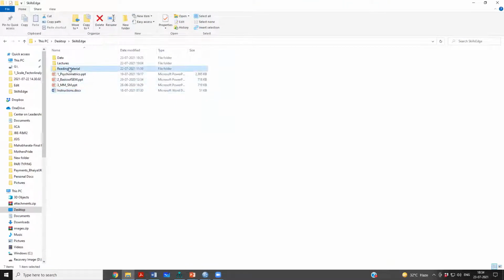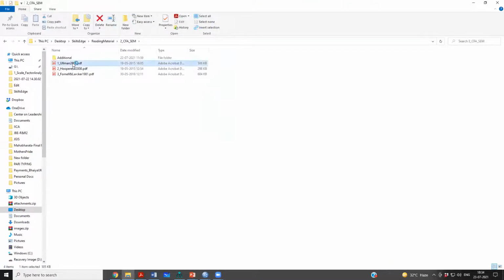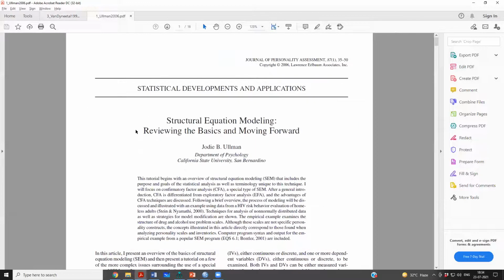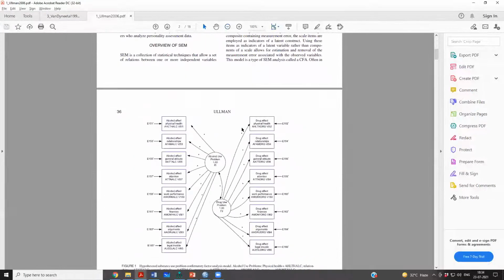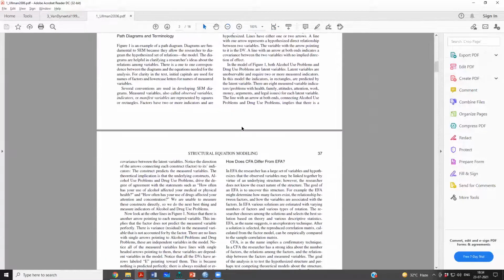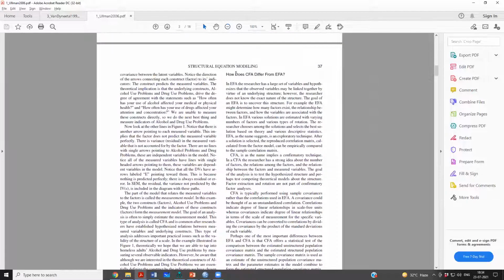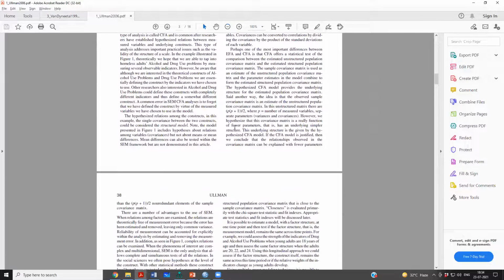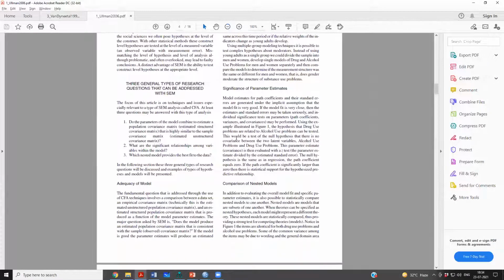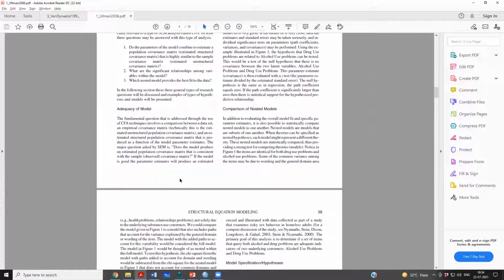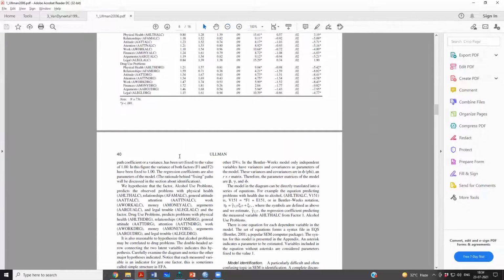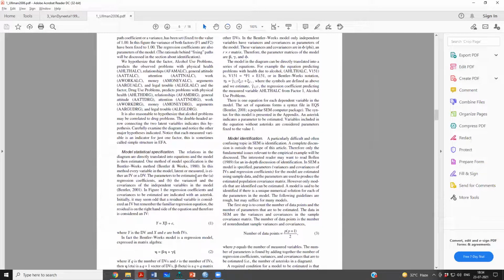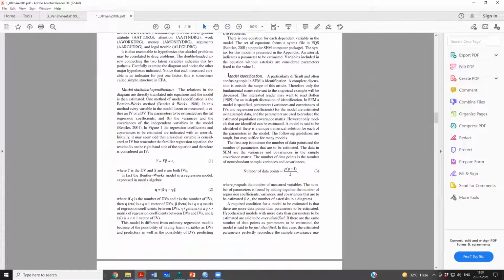Then I have also given you this first paper, structural equation modeling, reviewing the basics and moving forward. Most of the stuff that I have covered is in it: what is the diagram, what is the difference between CFA and EFA, then parameters and model specification, and model identification.